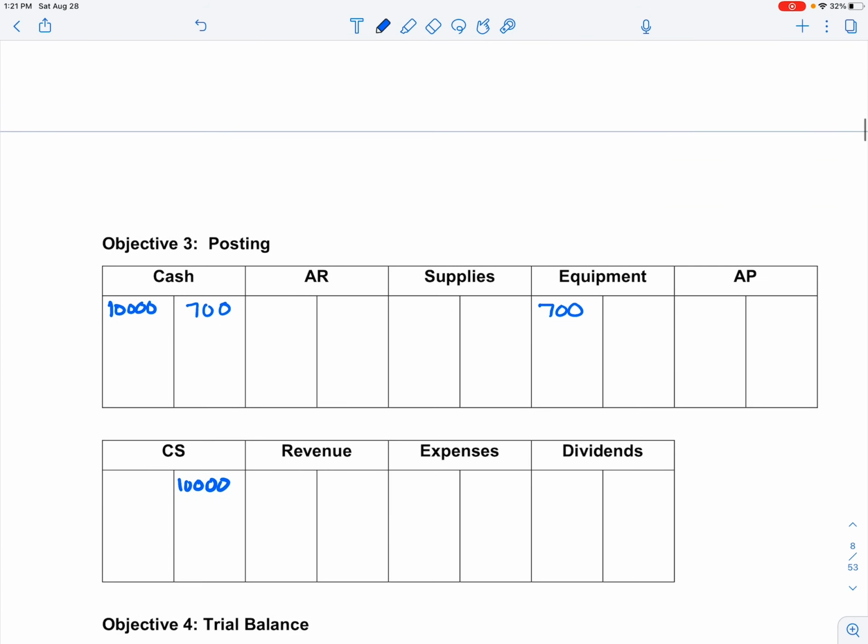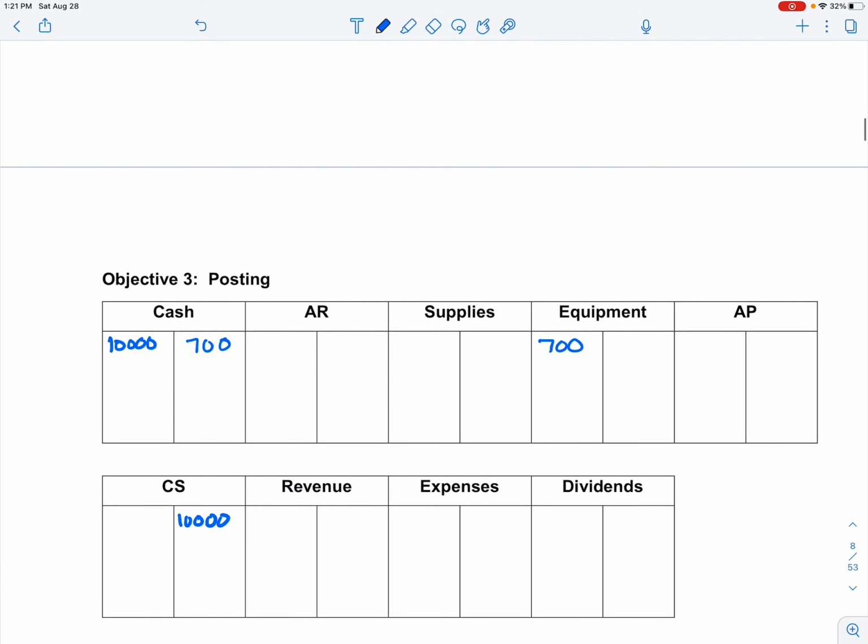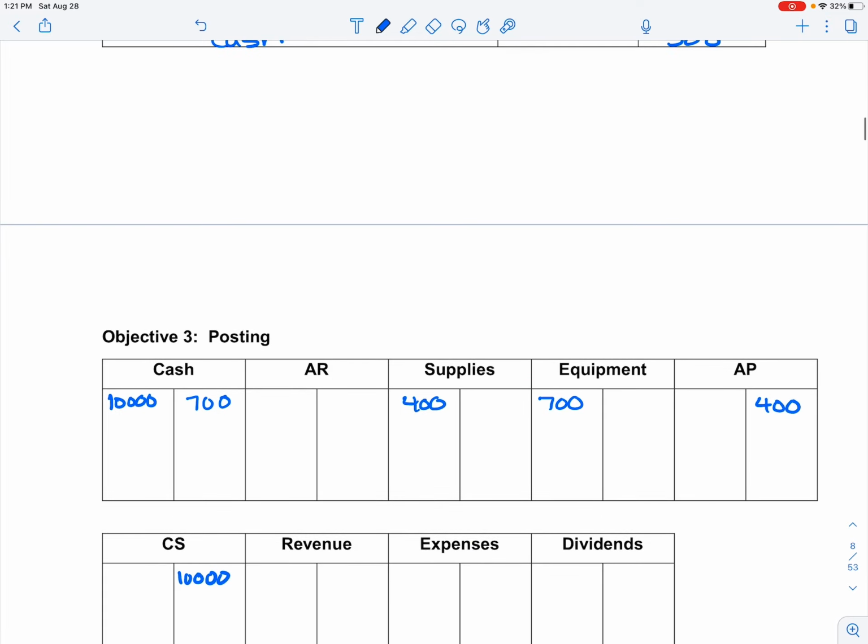And it was, I forgot the amount, 400. Next, I'm going to increase cash and increase my revenue by 3,000. You notice each one has that debit and credit. They're all remaining equal.